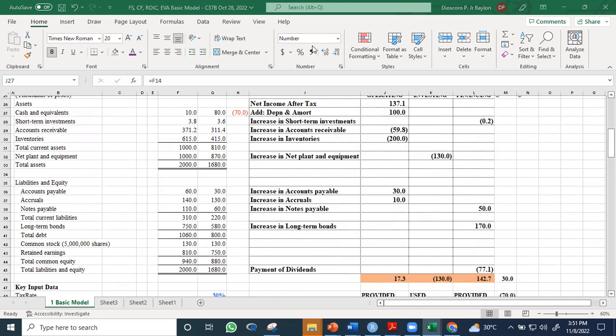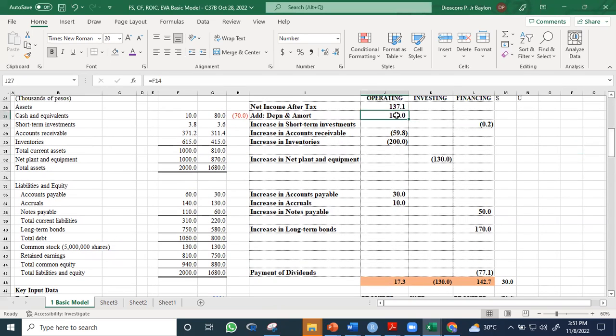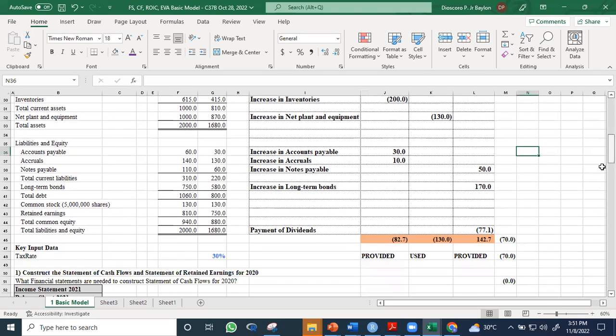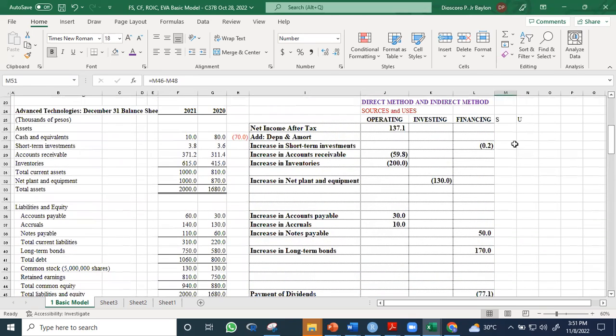So ano siya, class? Depreciation and amortization. So ibig sabihin, overstated to ng 100. If we remove this, guys, what will happen? Yung net natin, tama na, di ba? So wala nang discrepancy. Alright? So we're good.